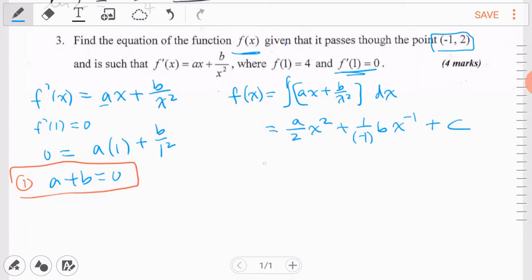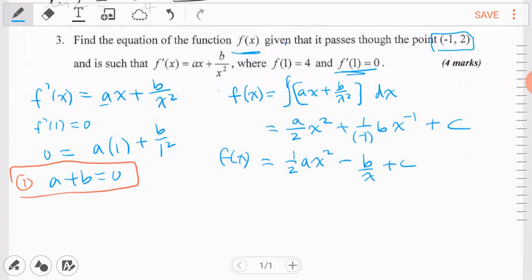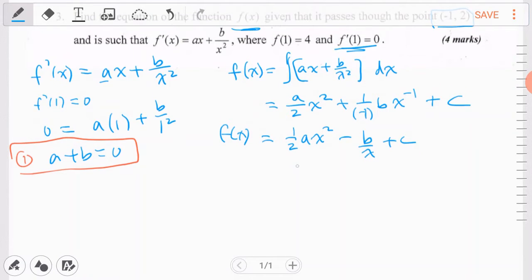So let's continue. We get 1 over 2 ax squared minus b over x plus c is equal to f of x. And we're not done finding our second equation yet, because now we just introduced a new value right here, the constant c.